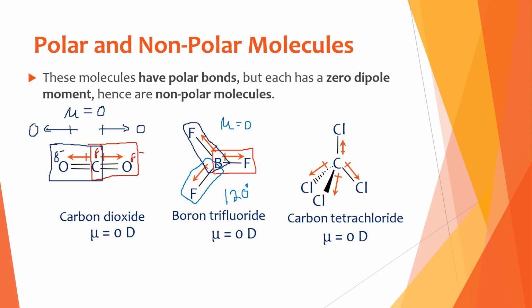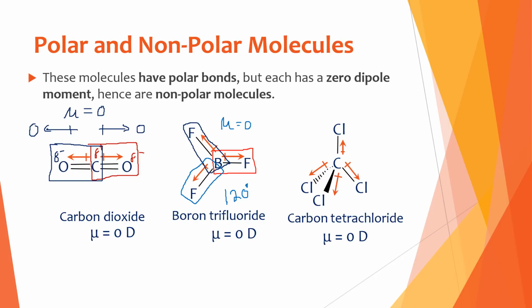The same case also occurs in carbon tetrachloride. Carbon tetrachloride has a molecular shape of tetrahedral. Between chlorine and carbon, chlorine is more electronegative than carbon. So the movement of the dipole moment will come from the carbon towards the chlorine.